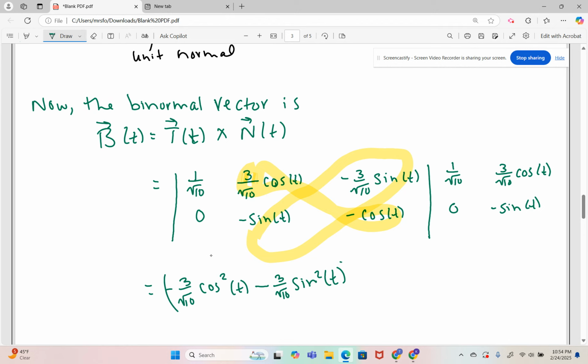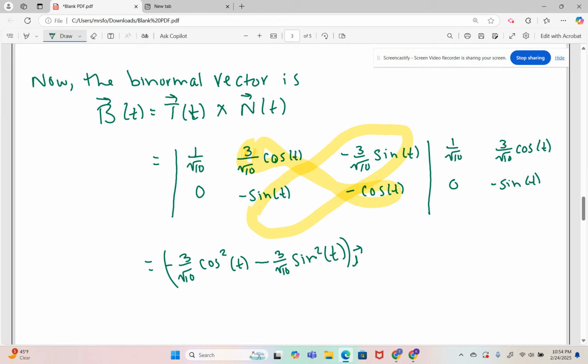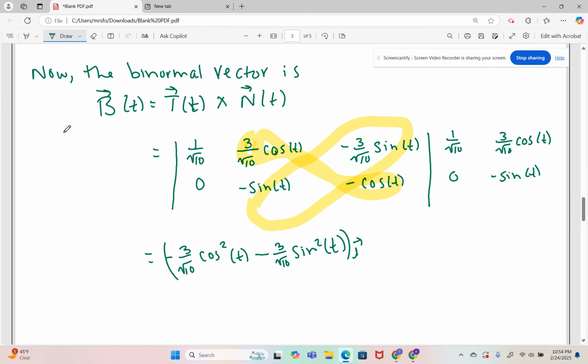And all of that would be with your i. Technically, we could write this like this, and we'll simplify that a little bit in a minute.